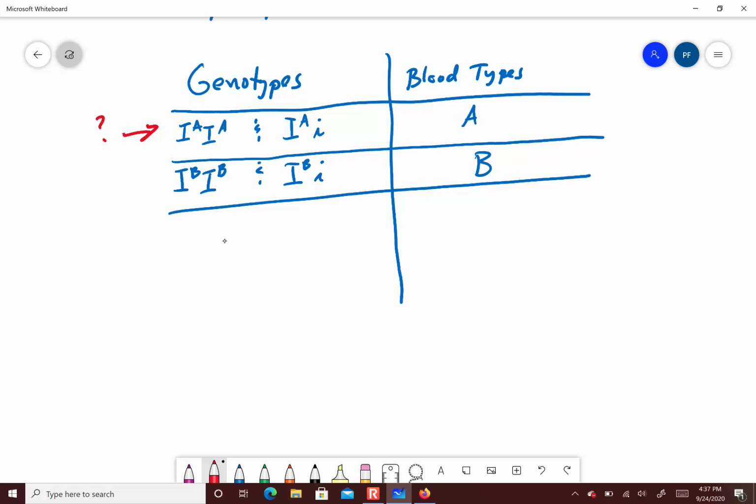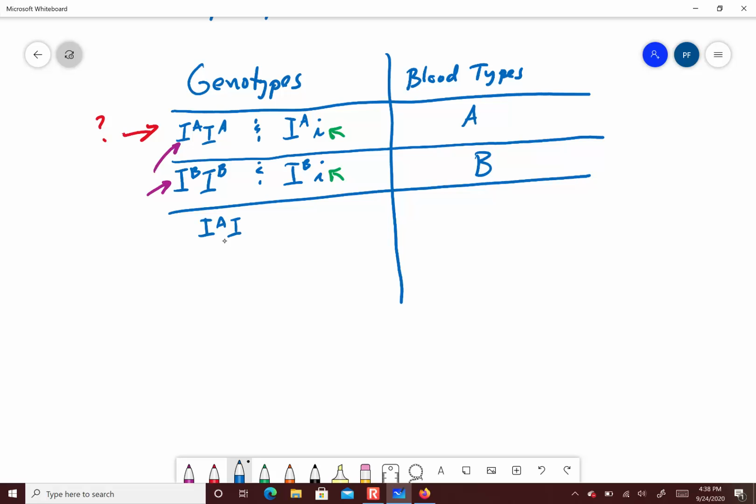So I will tell you specifically, cross this with that if it's A or B. Hey, and remember our terminology from our very first lecture. If these alleles are the same, like this one here or this one here, homozygous. If the alleles are different, heterozygous. So we would still use that terminology. It would be this person is homozygous for type B blood. That would tell you exactly which one to use.